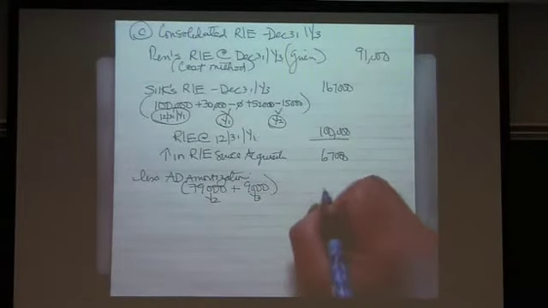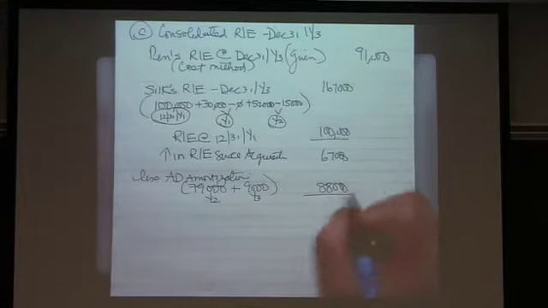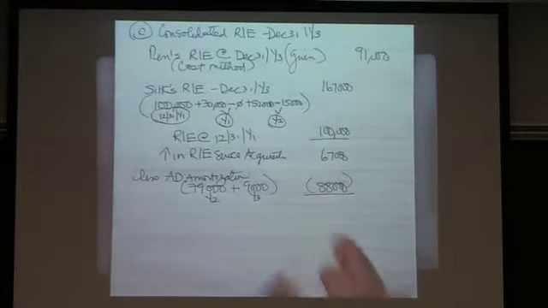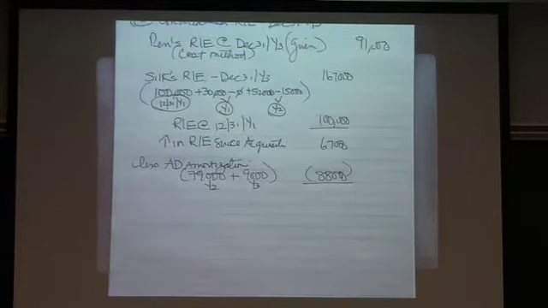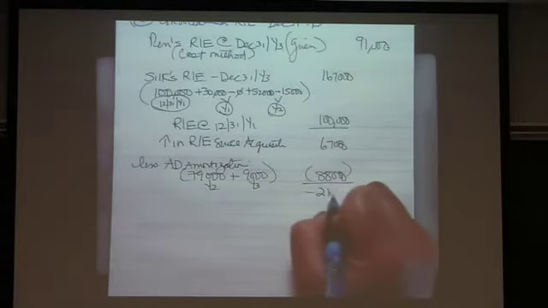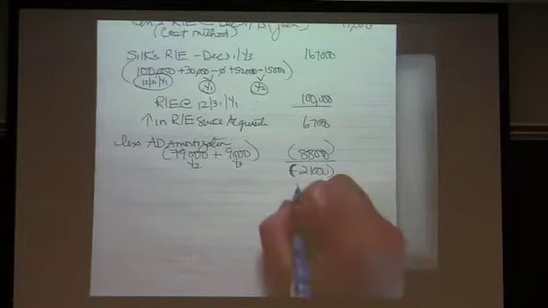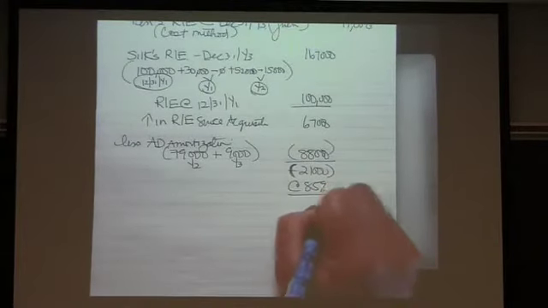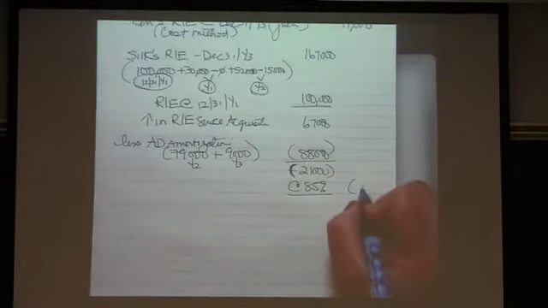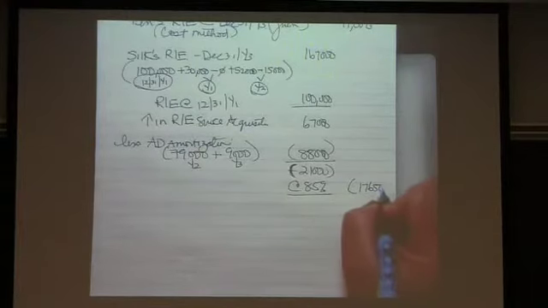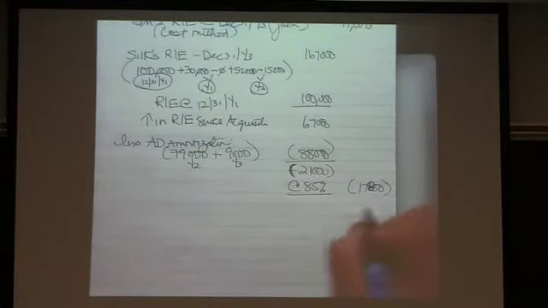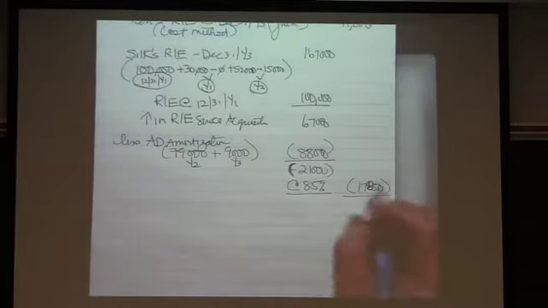And that gives us 88,000. And that is a minus because we need to reduce the income because there were fair value increments. That gives us minus 21,000. So let me just put a bracket in front of that. We're going to multiply that by 85% to give us minus 17,850, sorry. And the sum of that gives me 73,150.